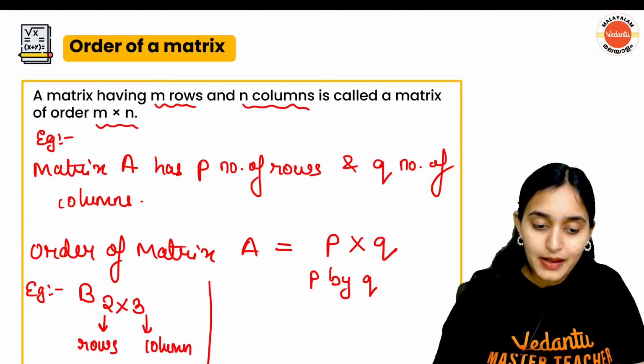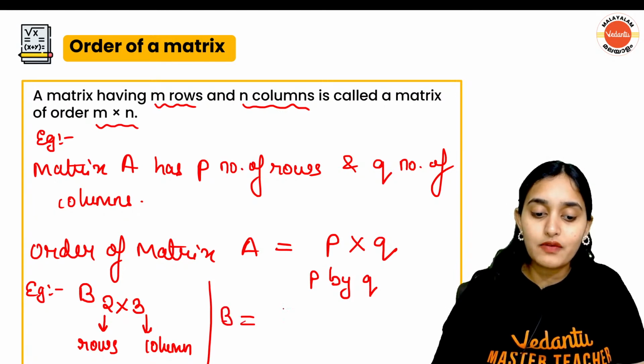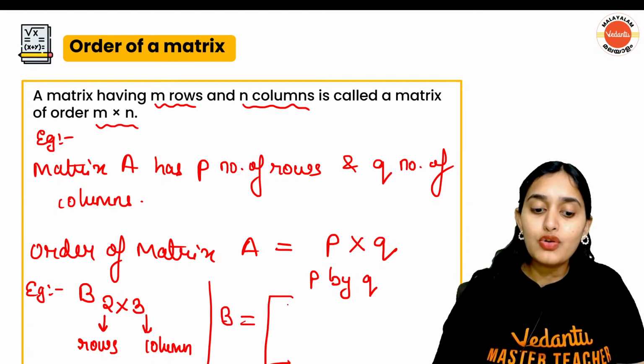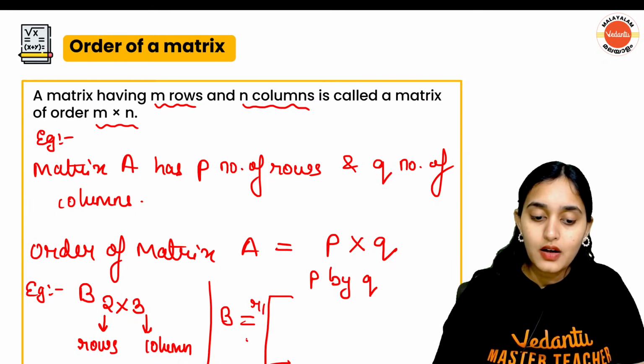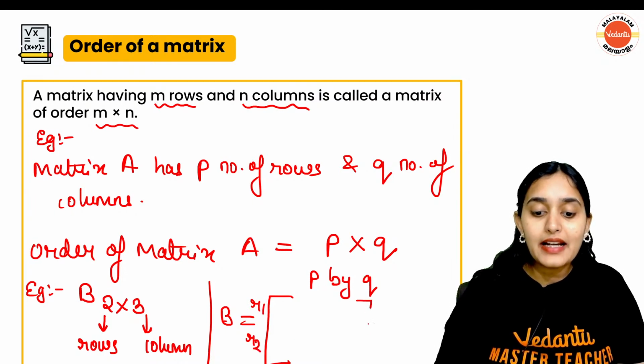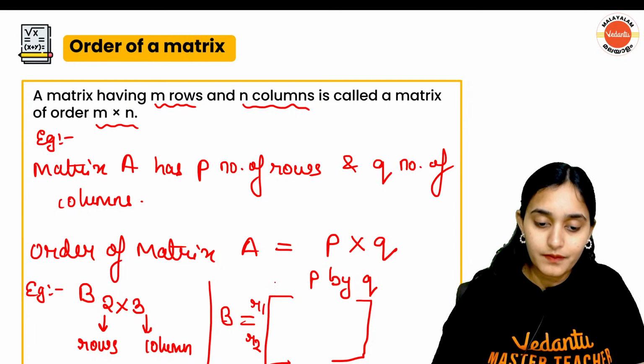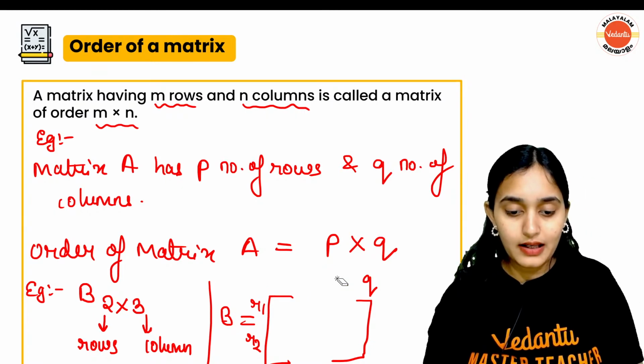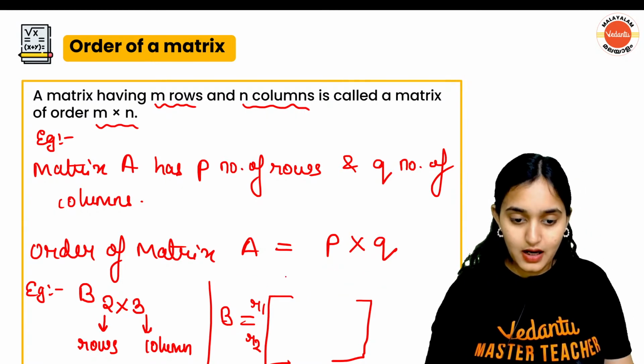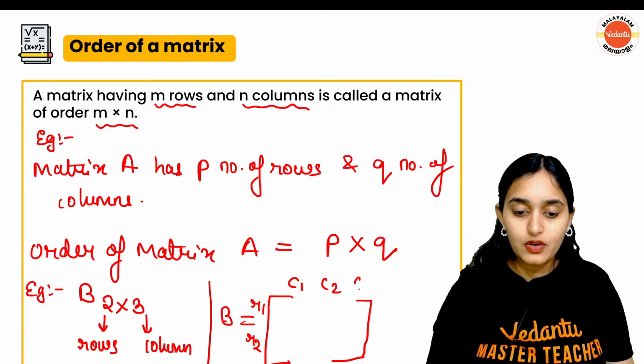So this implies that my B matrix will be having 2 rows, row number 1, row number 2, and it will have 3 columns. So I will write it as column 1, column 2, column 3.